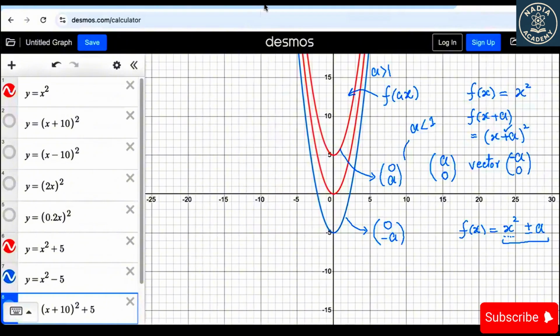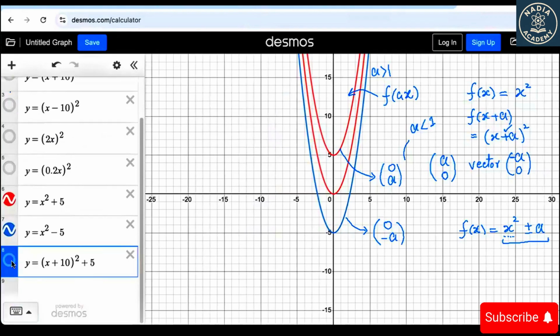You can very easily see, if I combine both of them, this time we have addition in the independent variable, and we also have addition in our dependent variable, which is the y-axis, meaning this is an addition in the function. So from this, you can very easily understand the vector of transformation.